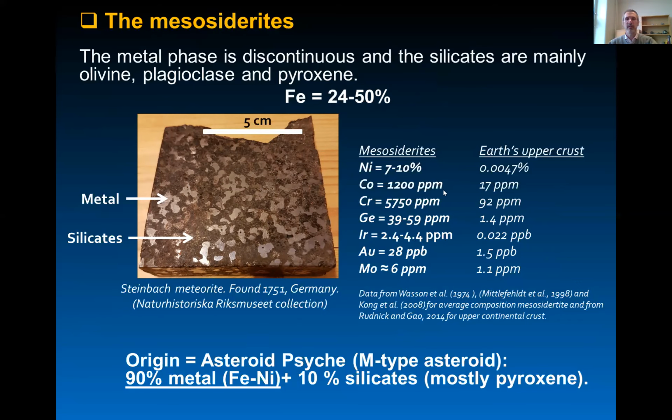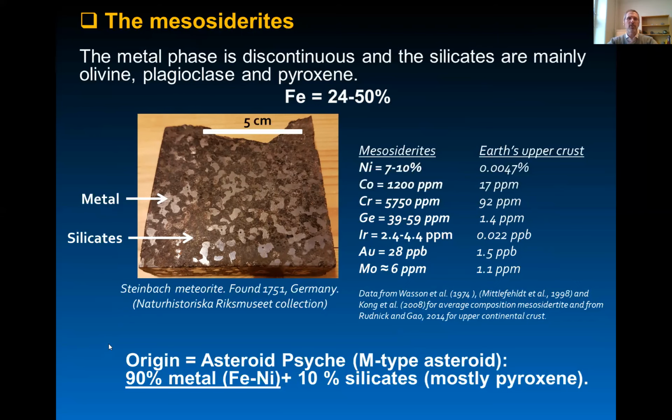Again, we can compare the composition of average mesosiderites with the upper crust of Earth. Nickel is also very enriched in mesosiderites, 7 to 10% in composition. Cobalt, 1,200 ppm. Chromium, almost 6,000 ppm. Germanium, iridium, also very enriched, gold, and molybdenum.